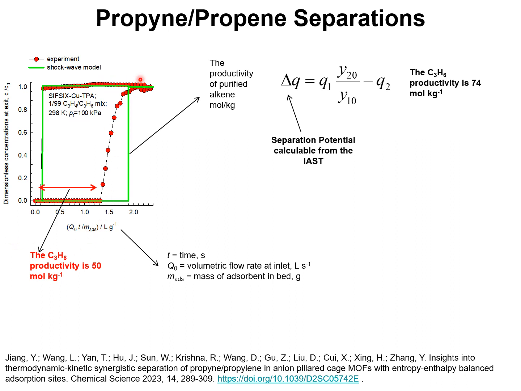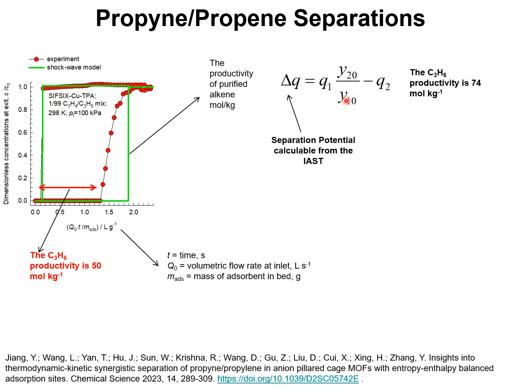If we adopt the shockwave model for describing the breakthroughs, we can determine the maximum productivity that is achievable in a fixed bed adsorber, and the expression for the maximum productivity is given by delta Q. Q1 and Q2 are the molar loadings in the adsorbed phase in equilibrium with the bulk gas phase feed mixture with mole fractions y10 and y20 of propyne and propene.